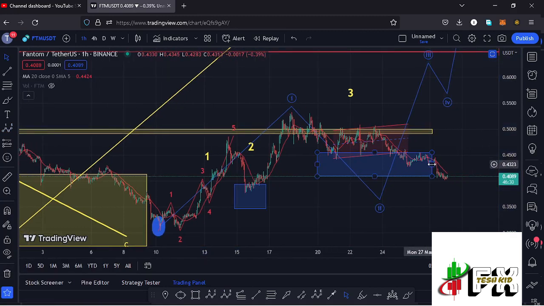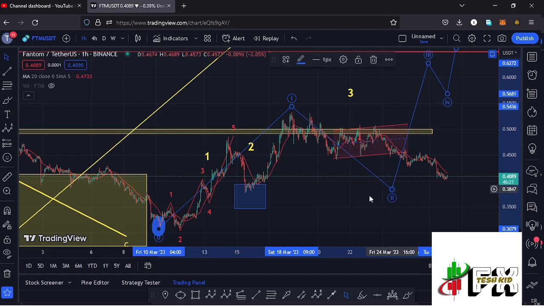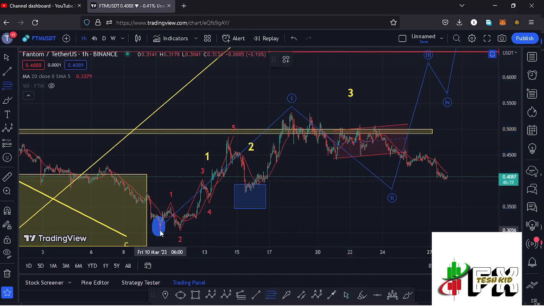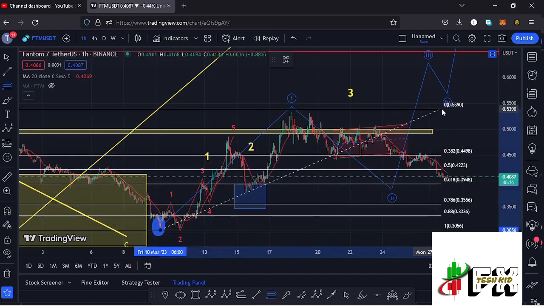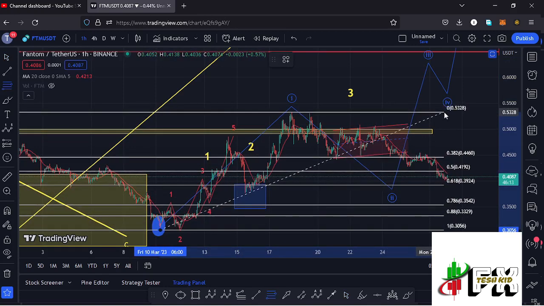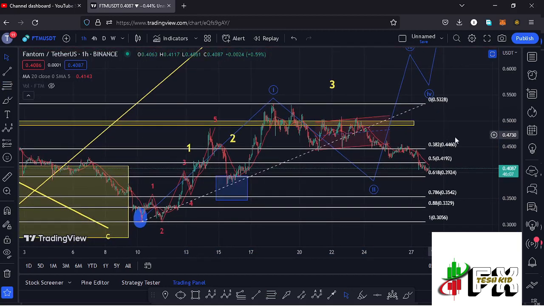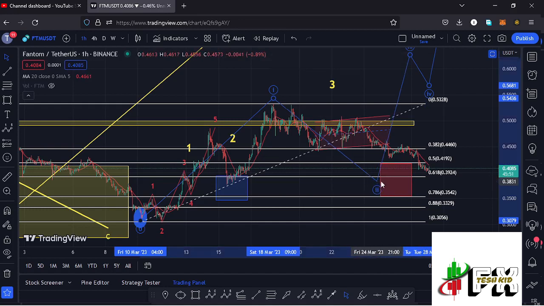So I can now remove this target area right here in blue because it's not important to us anymore, and give you a new target area in the formation of this wave 2 by now connecting the Fibonacci's from the low of the first wave down there to the high that we made at around the $0.5328 mark, and that now gives me a new target area in the formation of this wave 2 between the Fib level 0.5 and the Fib level 0.78, and I can mark that target area here on the charts like that, which is a target area that lies between the $0.4192 mark and the $0.3542 mark, and it is within this red target area that I'm expecting now to see the low for this second wave to the lower side.